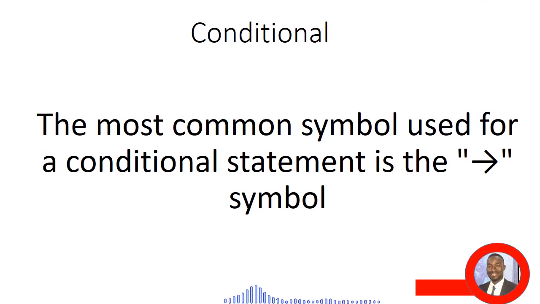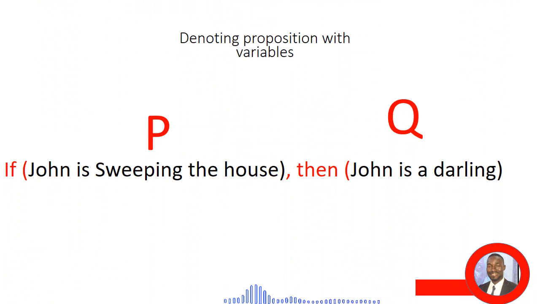The most common symbol used for a conditional statement is the forward arrow symbol, and that is what we'll be adopting in this lesson. Now let's denote our propositions with variables.